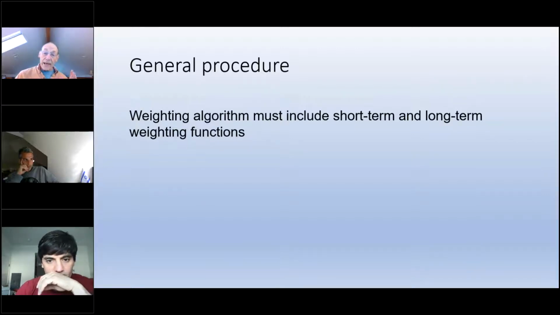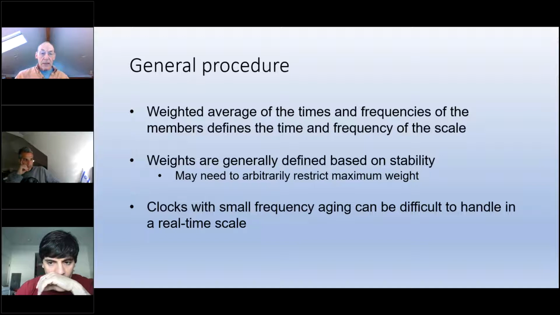So weights have to include short-term and long-term weighting functions. Estimating long-term weighting functions is much harder. You can't just use one measurement cycle to determine long-term behavior. And that defines the time and frequency of the ensemble or the scale.